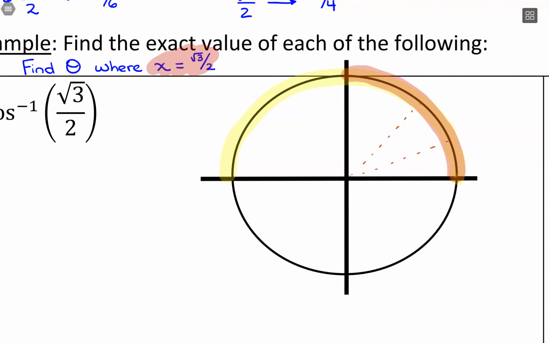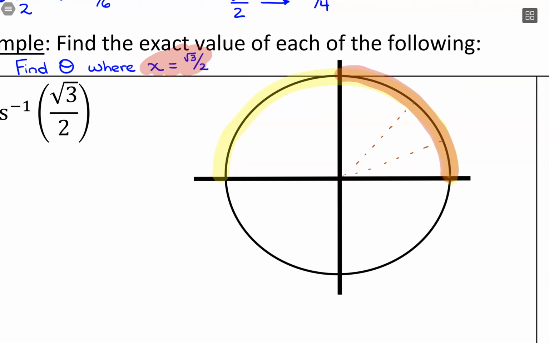And this will be the case where x is long, and that's going to come through right here. Not the straightest line, but something like that. That's where we have a coordinate of √3/2 and positive 1/2. Sorry, my angles are a little off there, but close enough.